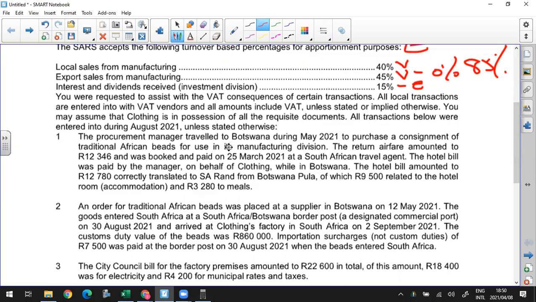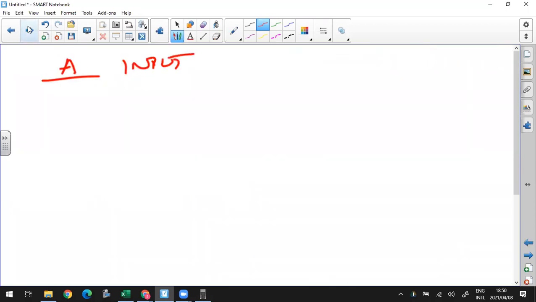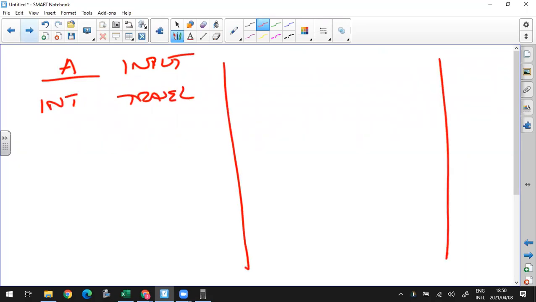It says the procurement manager traveled to Botswana to purchase a consignment of traditional African beads for use in the manufacturing division. The return airfare amounted to 12,346. So guys, what happens with international travel? International plane flights are zero rated.